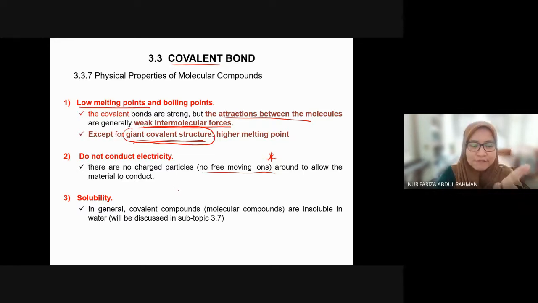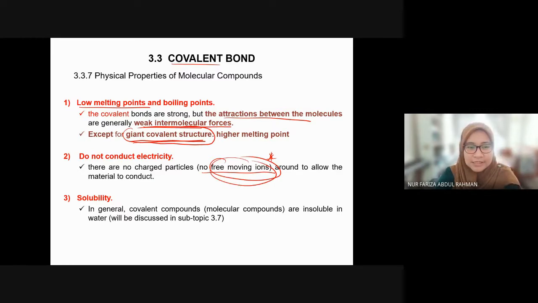So you have to be careful in terms of the phase ataupun the state that the ionic compound is in. Kena jaga-jaga dekat situ. In order to conduct electricity, it should be in aqueous ataupun in molten state. Kenapa it needs to be in molten ataupun aqueous? Because of the free moving ions. Okay, but for molecular compound, definitely there's no moving ions.